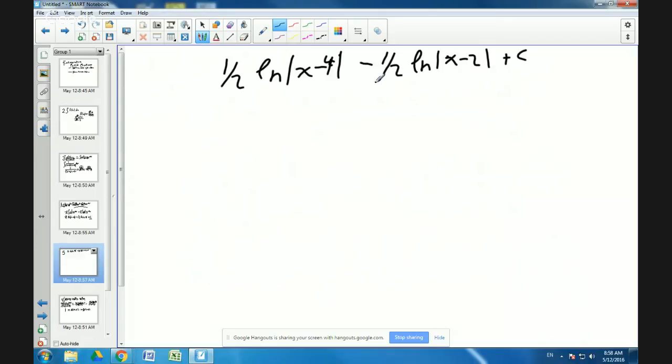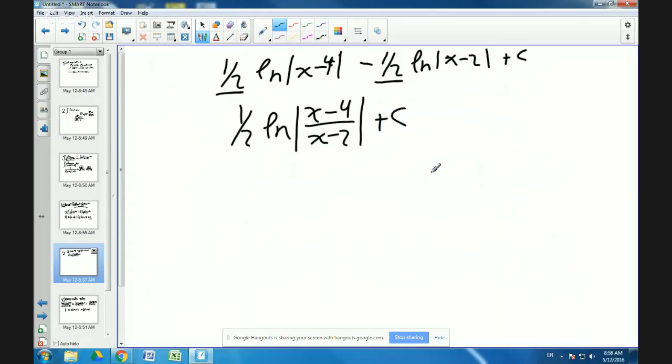Now, since they have the same leading coefficient on each side, we can use our rule of powers to say 1/2 ln of x minus 4 over x minus 2, plus c. And this is how it would appear on a multiple choice on the AP exam.